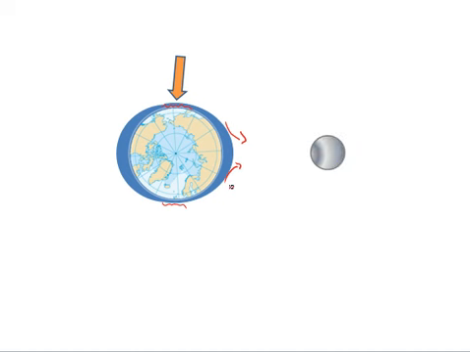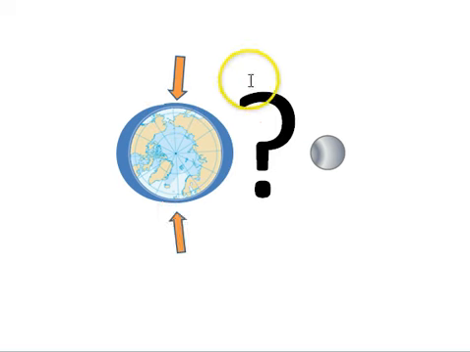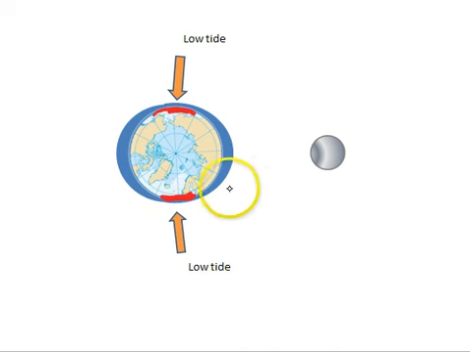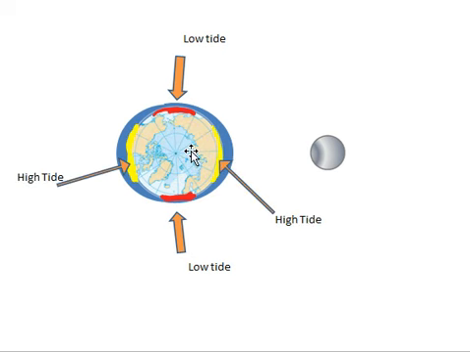So you've got one over here on this side of the planet and one over here on this side of the planet. Remember, we're looking down at the top, so this isn't the North Pole over here. This is just a side of the planet along the equator. These areas are experiencing low tide. And again, just like you had two areas with high tide at any given point, you also have two areas with low tide at any given point.